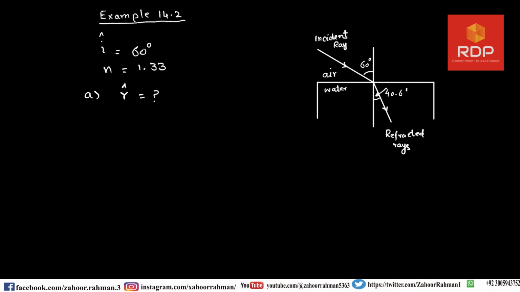So we know that sine of angle I divided by sine of angle R is equal to n.